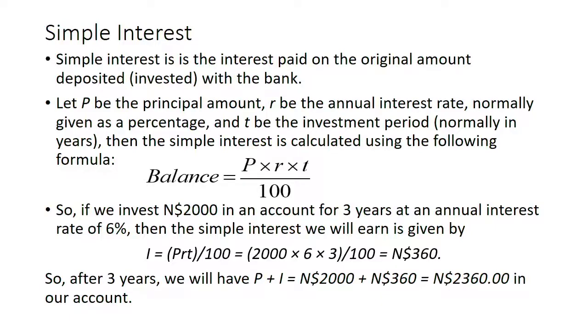So you basically just calculate the interest, multiplied by the number of years that you are investing, and then you add that to your principal, the money that you invested, and you get the money that will be in your account at the end of the 3 years. That is simple interest. You are only calculating interest on the money that you invested.